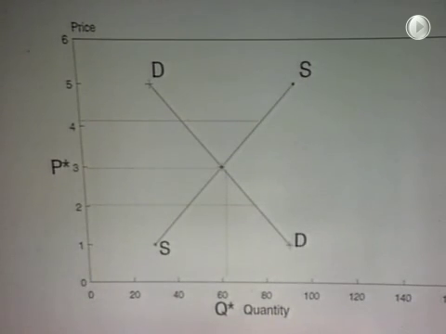Similarly, what if we had a situation where price started off lower than the equilibrium price? Here we'd have a situation of excess demand over supply. We'd have a shortage of the particular good, which may result in some sort of queuing.